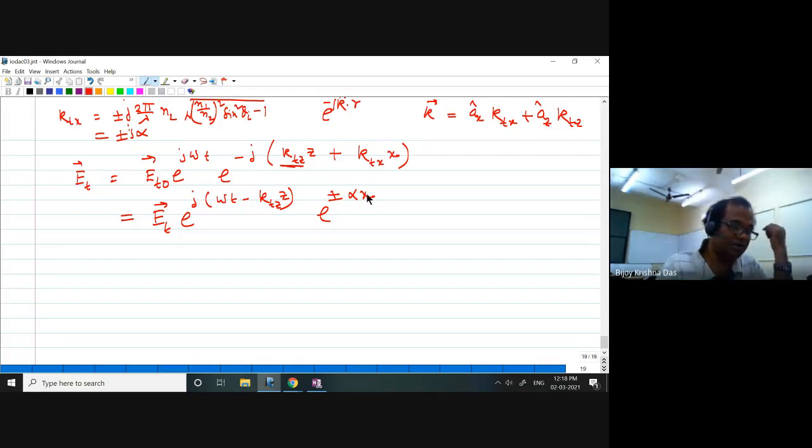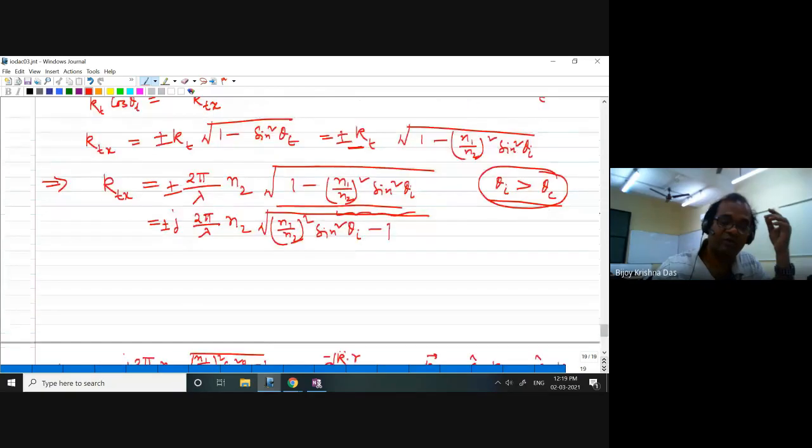This KTX, I'm just writing as plus minus alpha x. Alpha equal to, we can easily write, 2 pi by lambda n2, that's a positive number, square root of n1 by n2 square sine square theta I minus 1.